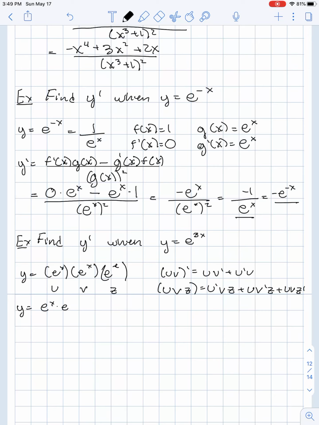So that means that y prime is going to equal e to the x times e to the x times e to the x plus e to the x, e to the x, e to the x. Remember, e to the x's derivative is just e to the x. So this one is technically u prime, v prime, and that last one is z prime.